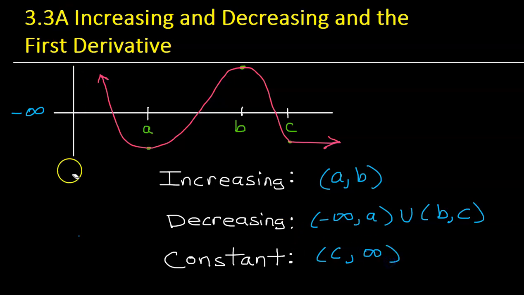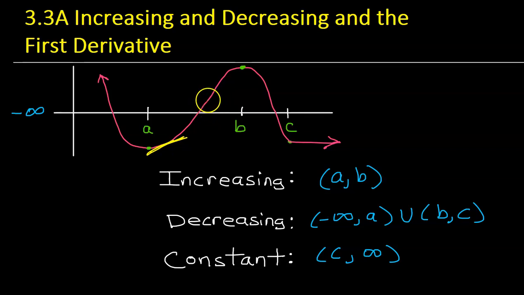Okay, now, what about derivatives though? Remember that the derivative represents the rate of change, the slope of the function. So look at the increasing interval from A to B. What do you think about the slope at any point in this interval? Well, for example, right here, the slope of the tangent is about like that. Notice that is positive.